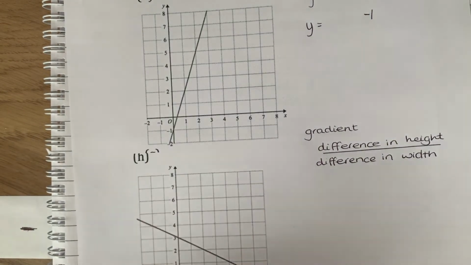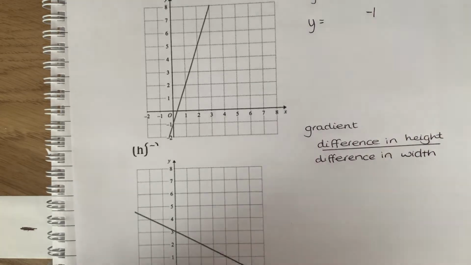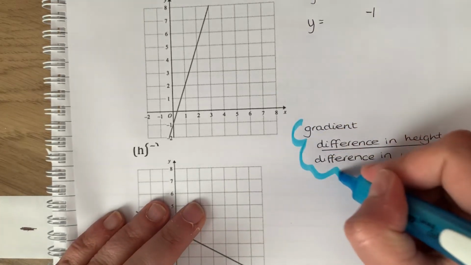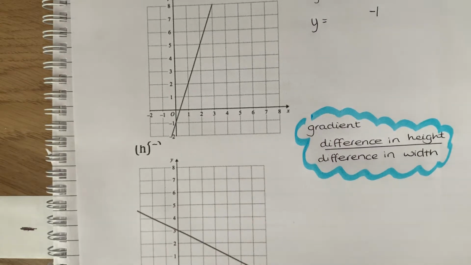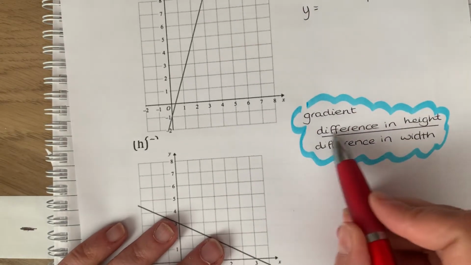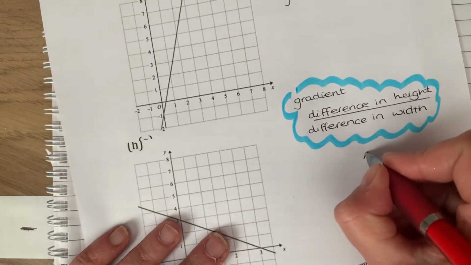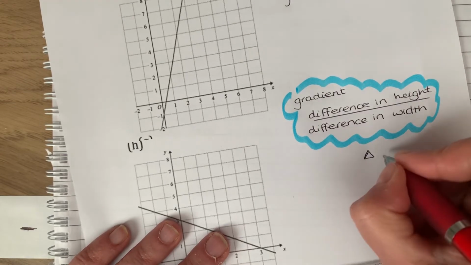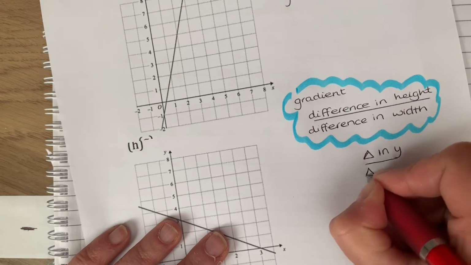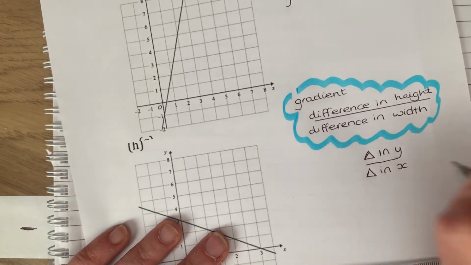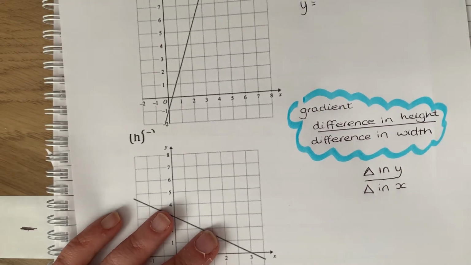Okay, so we'll make sure that that's clear in our notes there. Now, obviously height, or difference, that could also be the change, we use that symbol for the change in y over the change in x, if we're talking about the coordinates. So I'll show you what I mean.